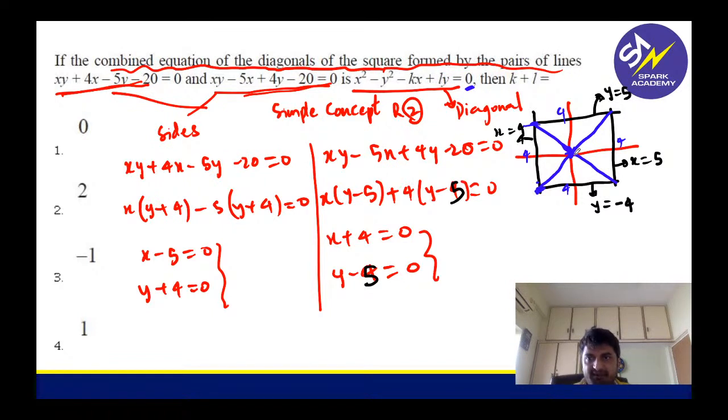So what will be the combined equation of the diagonals? If you want AC or BD of ABCD, if you want this diagonal, what can you do? I can just equate these two: x minus 4 equals y plus 4, something of this sort I can write.